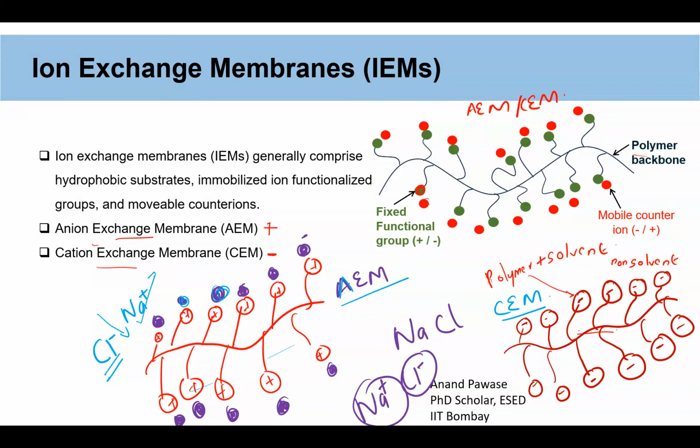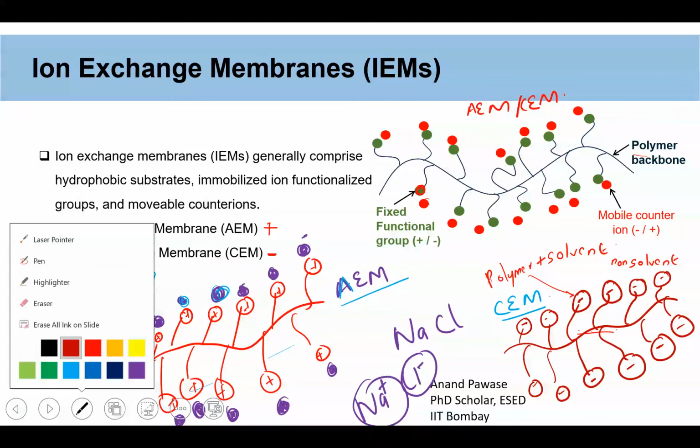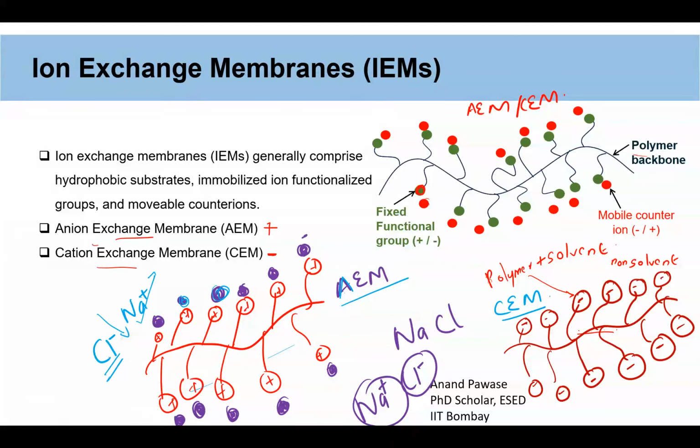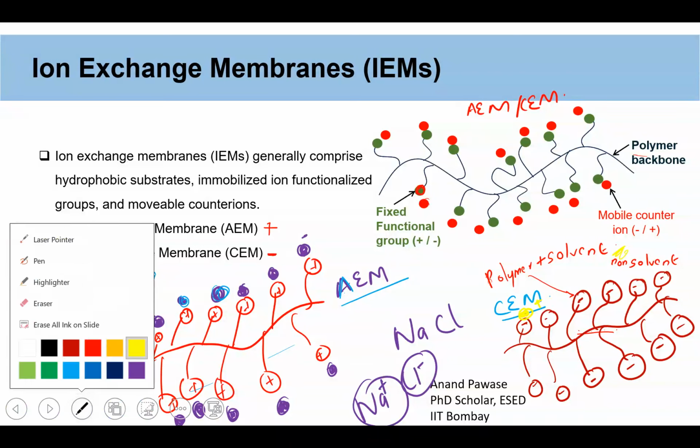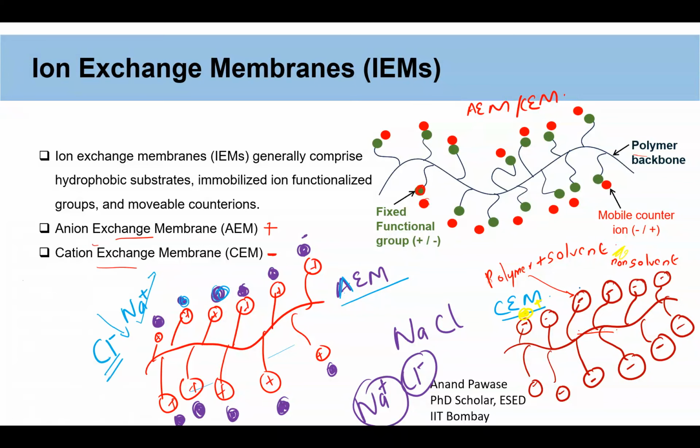And then there will be movable charge. Yes, this movable charge is positive. Okay, this is not visible. So at each functional group which is fixed, there are movable charges also, that are positive.